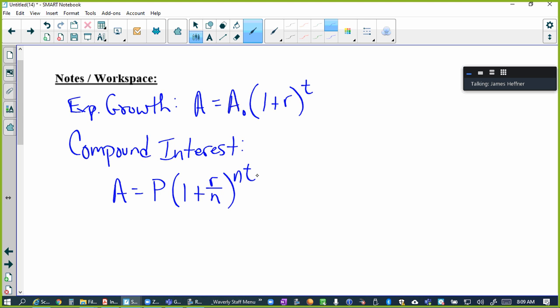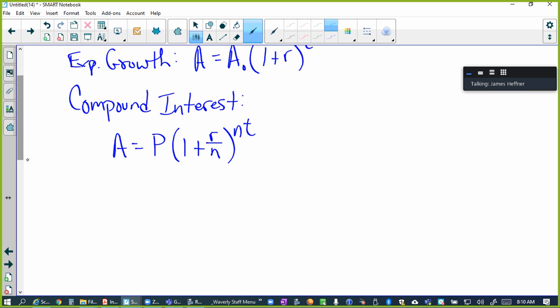So it looks a little bit like what we have up top there, right? So I'll just define what these variables mean, right? So A, that's some final amount, right, after some number of years being invested.